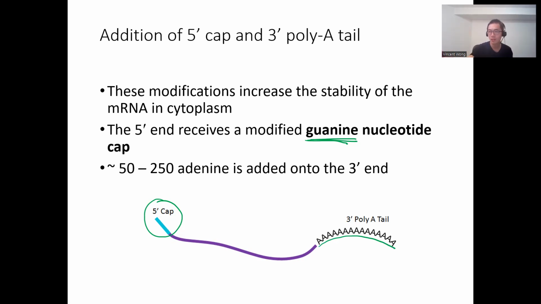So if I want to make this protein for a very long time, I should add a very long tail to it. If I just need it for a little bit, then the tail can be short. So by changing the length of the poly A tail, I can control how long the messenger RNA is going to last in the cytoplasm. So that's the first two steps: 5' cap and 3' tail.